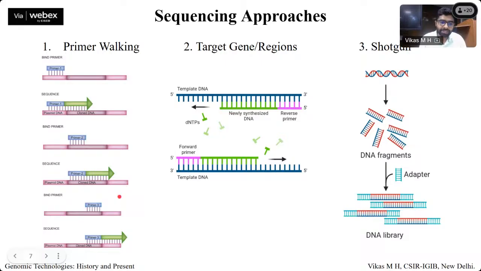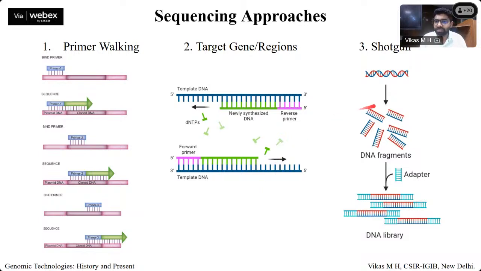This was how the first Human Genome Project was started. But by around 2001 and 2002, they realized that this is a very tedious method, and people from private industry also got involved to speed up the process.